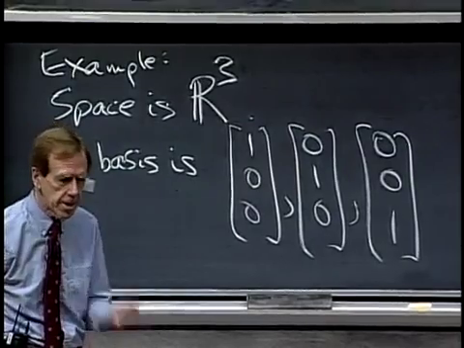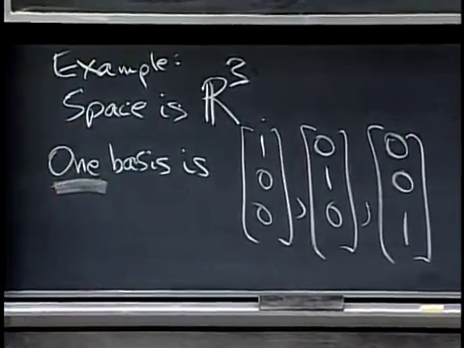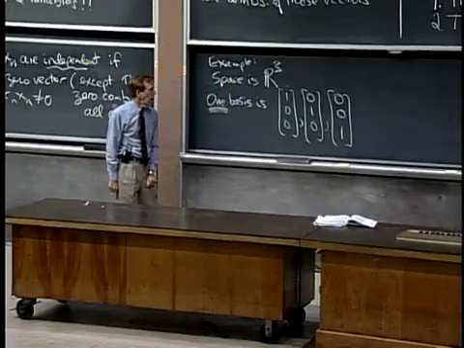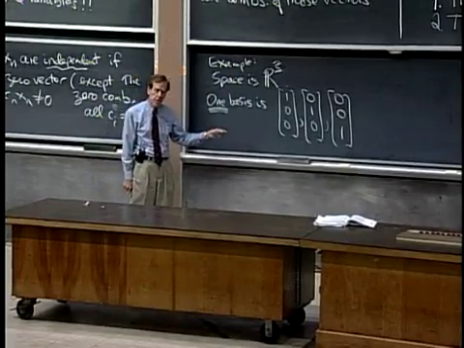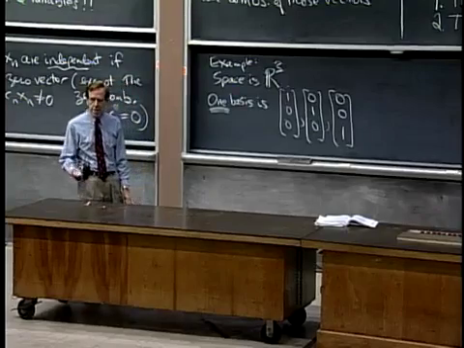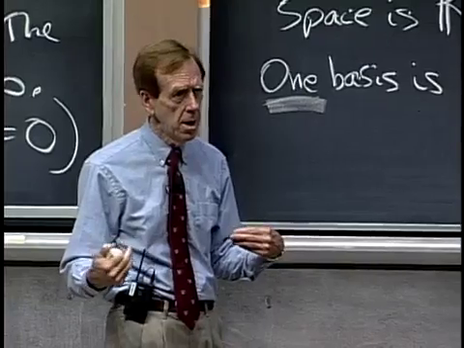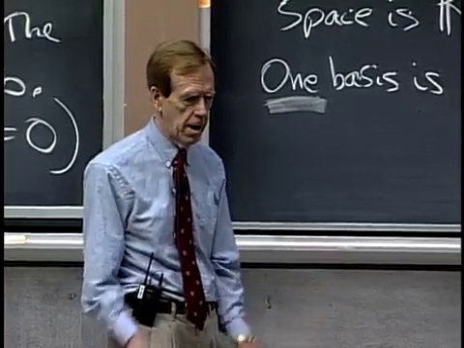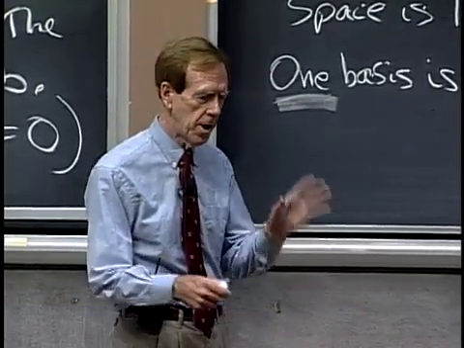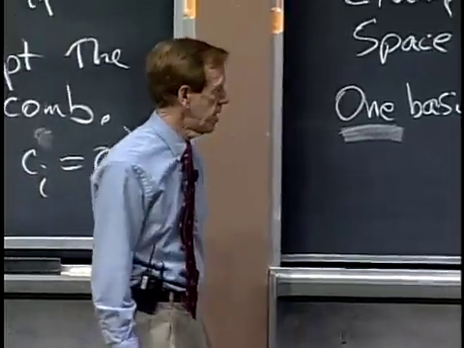So that's the test for independence. In the language of matrices, I could make those the columns of a matrix. Well, it would be the identity matrix. Then I would ask, what's the null space of the identity matrix? And you would say, it's only the 0 vector. And I would say, fine, then the columns are independent. The identity times a vector giving 0, the only vector that does that is 0. Okay.